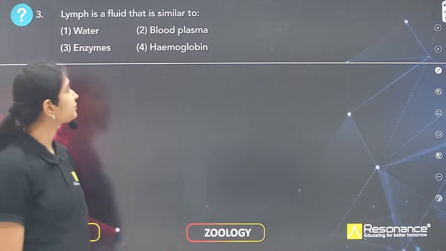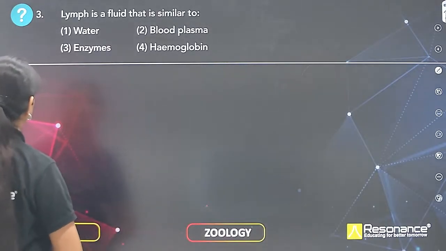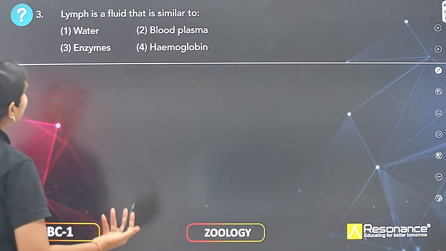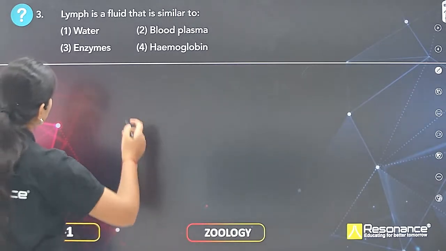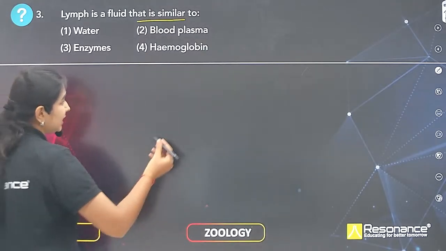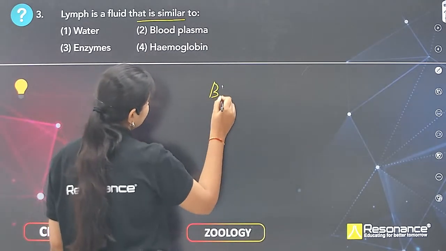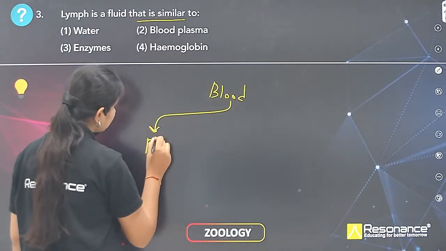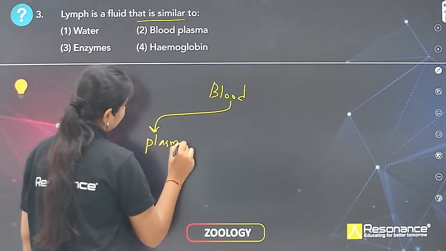Next, let us move to the next question, lymph. The lymph is a fluid that is similar to what? Now when we were studying, what did we study? We were studying that blood is made up of the plasma and what?